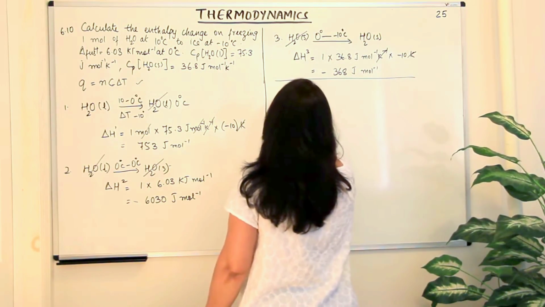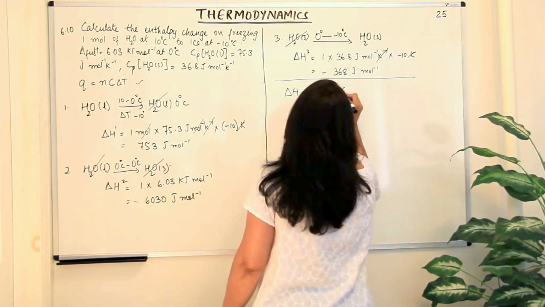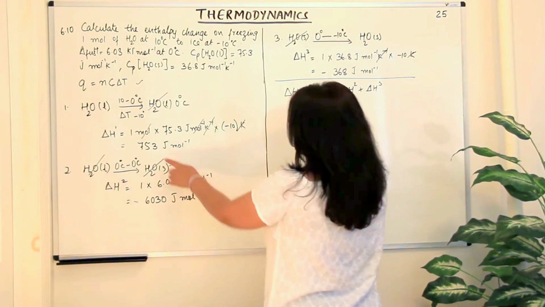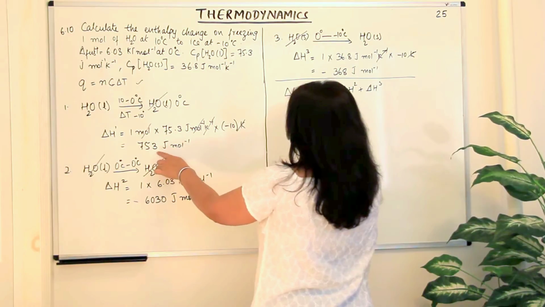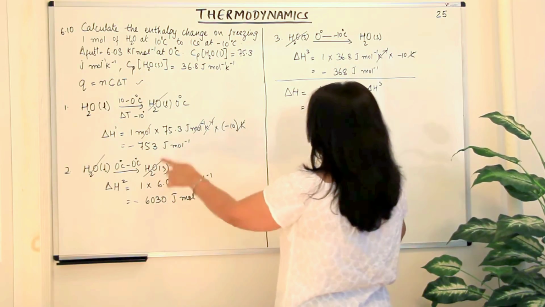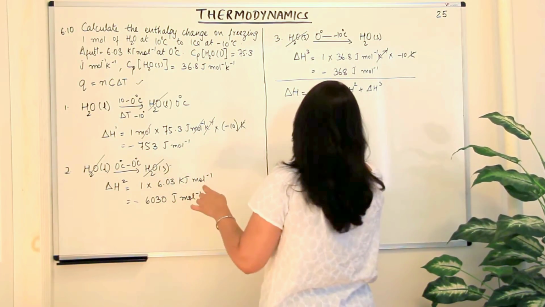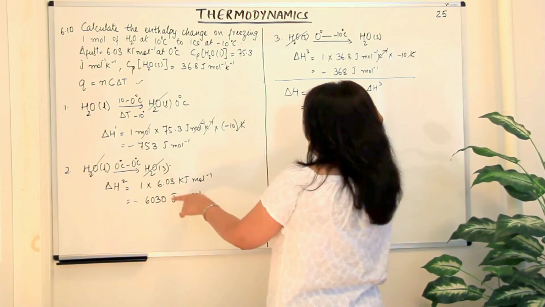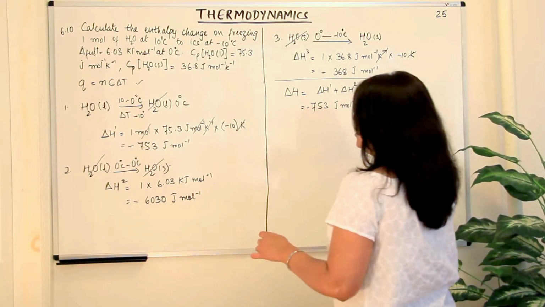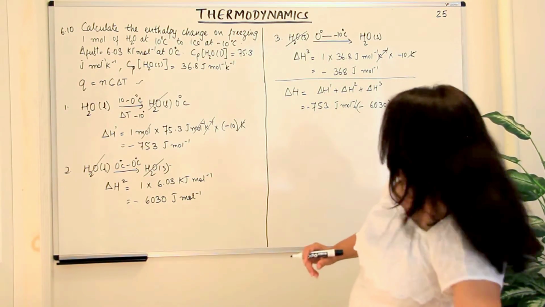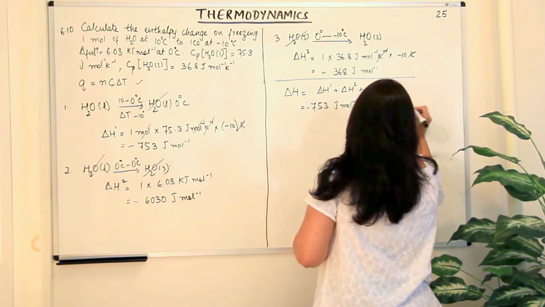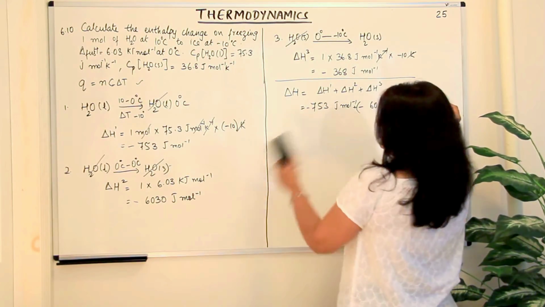So the enthalpy for this change will be equal to delta H1 plus delta H2 plus delta H3, which would be equal to, what is delta H1? Minus 753. It will be a negative value, I'm sorry. Since it is heat being given out, all the values are negative. So minus 753 joules per mole, minus 6030 joules per mole, we are adding it, and plus, what is the value?